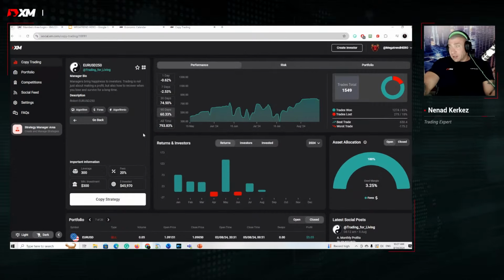This is a robot, and it says clearly in the description here. And here it says algorithmic. So as I already said, guys, if you trade your account yourself, you can put copy trading for this robot and forget about that account because it's managed by algo.